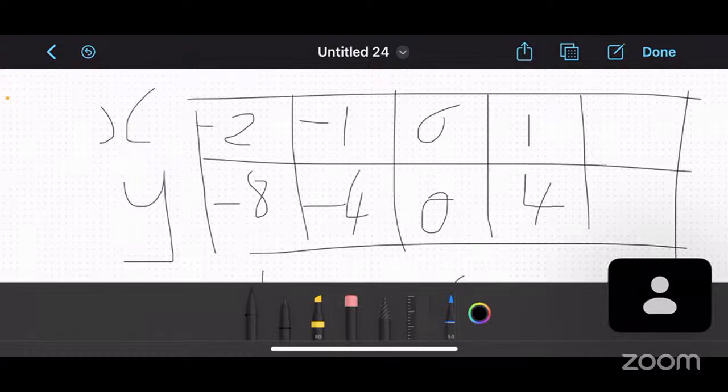Yes. And that's it. Yes. And then we write the 2 next to the 1, and you write 8 underneath the 2.